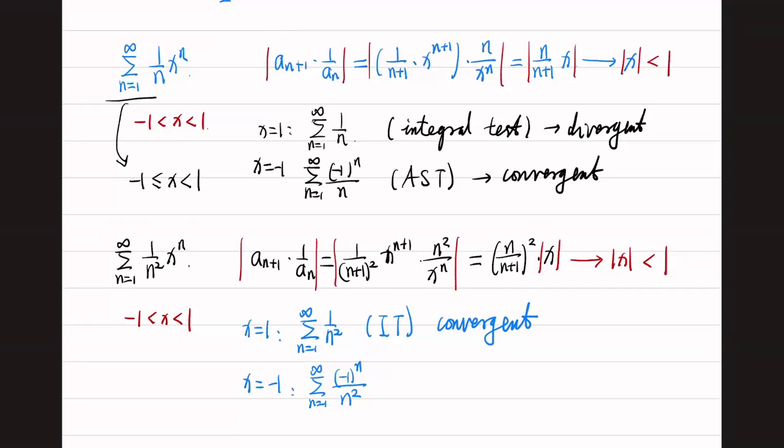What test do we apply? This time, if we check the sign, negative, positive, negative, positive, negative, positive. So it's alternating. We apply the alternating series test. As n goes to infinity, this will go to 0, so by the alternating series test we know it is convergent. Therefore, we can update our interval of convergence.